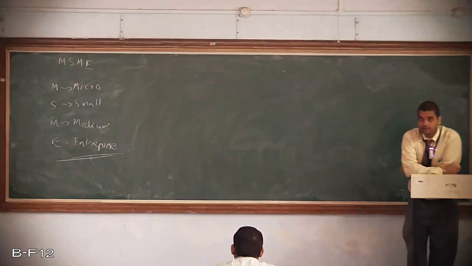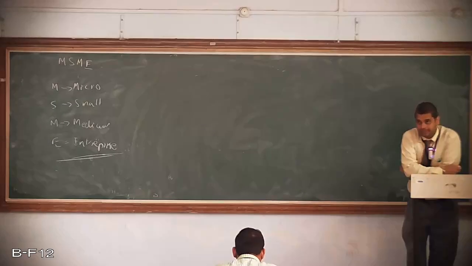So they brought in some rules which is called the Indian Act 2006, in which MSME is given some special facilities so that they do the business and contribute much towards the progress.